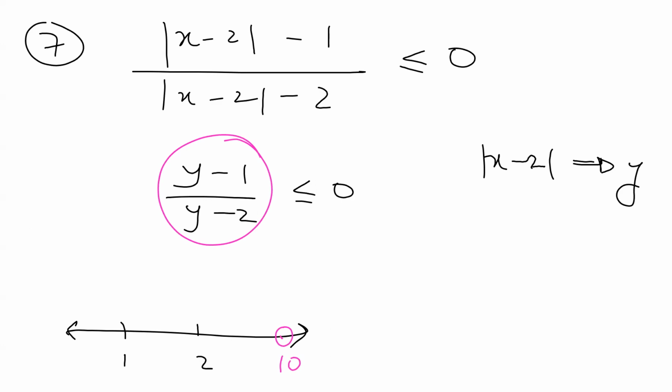Put 10 over here. You'll get positive or negative. So you get positive. 10 minus 1 upon 10 minus 2. It will be a positive answer. I don't know why you people are taking time for this. So positive, negative, positive. 10 is a representative of the third region.